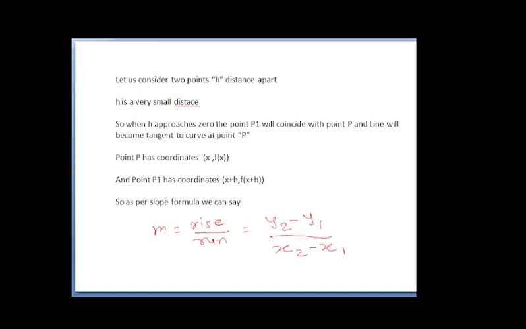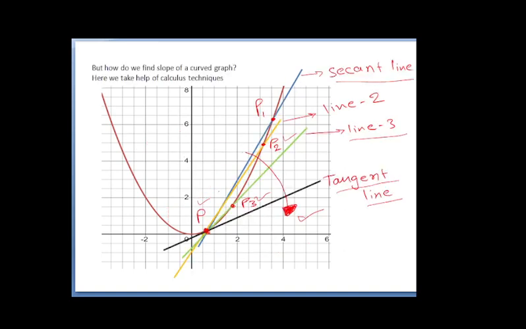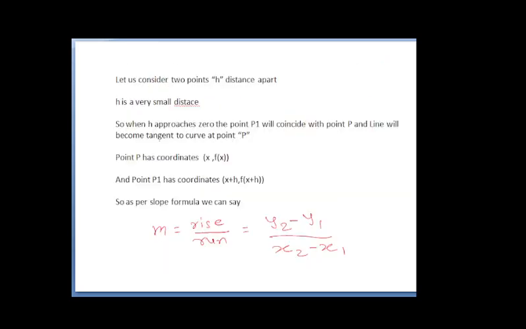Now, in this graph, as we are rotating this line, the point P1 approaches point P. So P1 takes the position of P2, then the position of P3, and slowly P1 goes towards point P. So let us now consider 2 points at h distance apart.